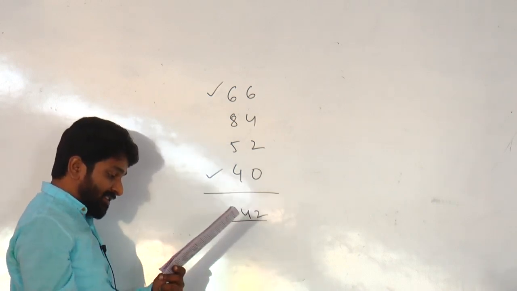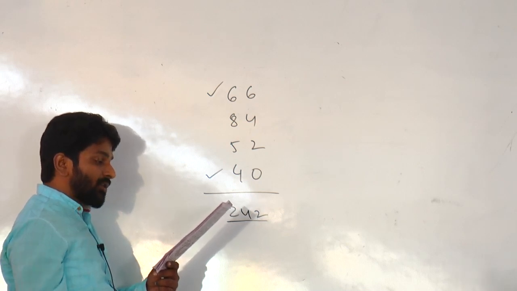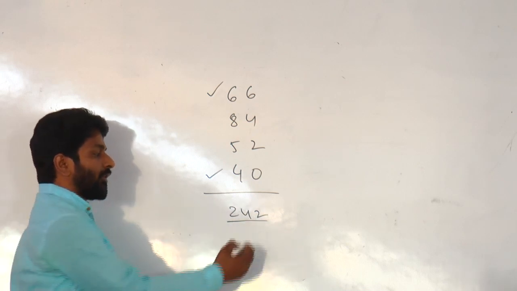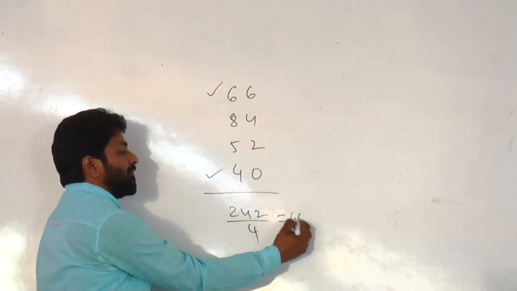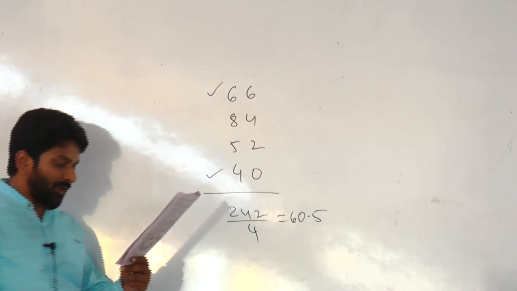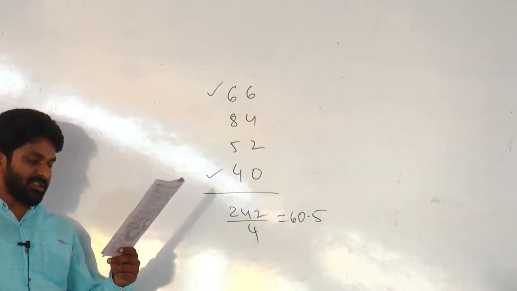Average for how many seasons? This is season 4, all towns. How many towns do we have? 4 towns. 60.5. Is it approximate or not? Of course, answer could be either 60 or 61. You have 60 only.